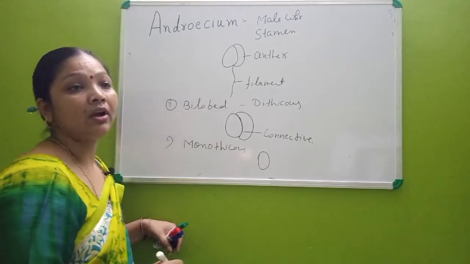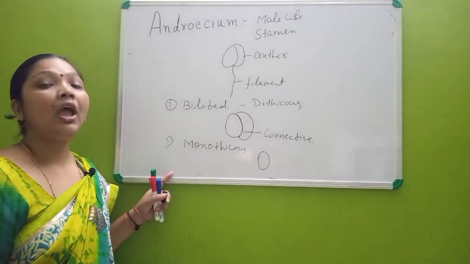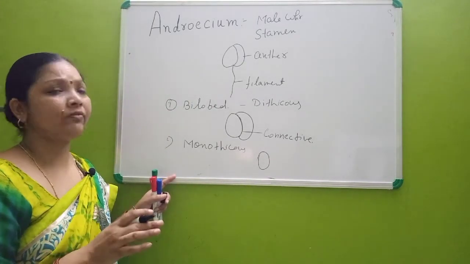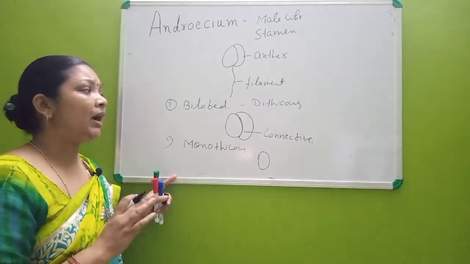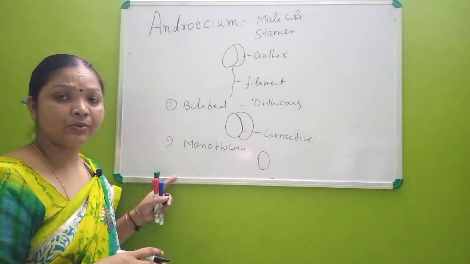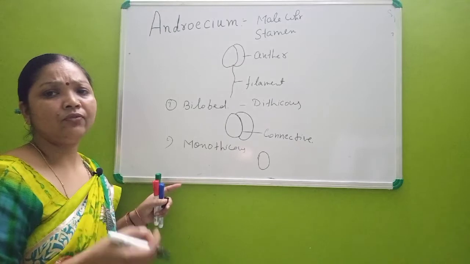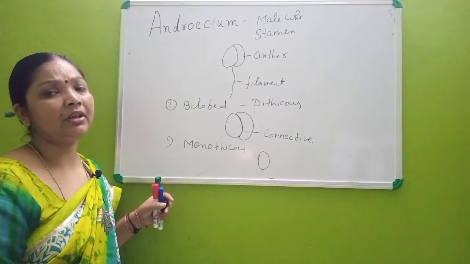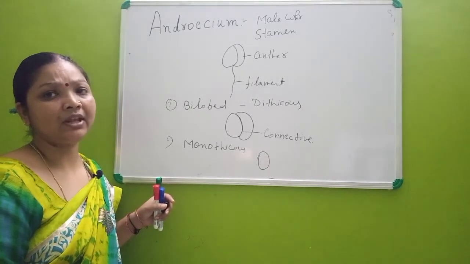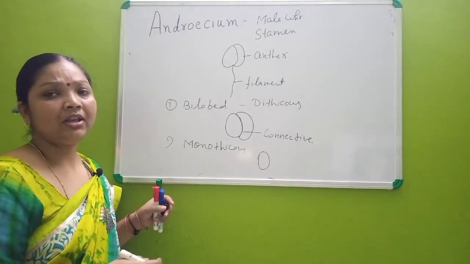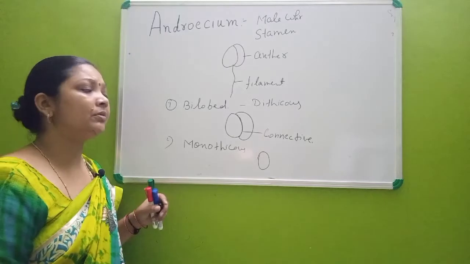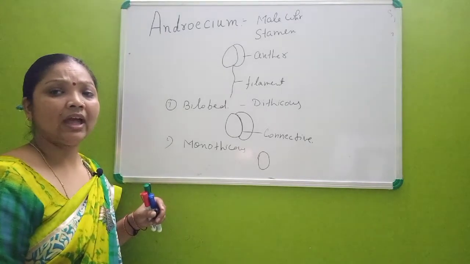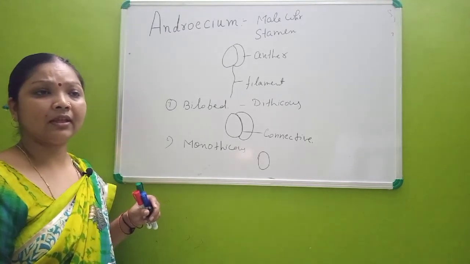This is called monothecous anther. In most families of plants, bilobed or diathecous anther is present, whereas in only a few families the monothecous anther is present. One example is the Malvaceae family, that is China rose. So in Malvaceae family, the anther present is the monothecous anther.